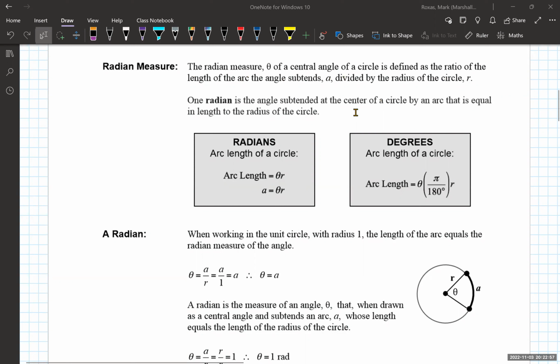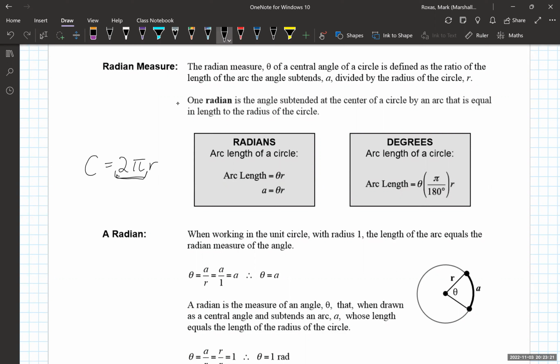Let's compare radians. We were talking about the arc length of a circle. It's related to the circumference of the circle. If you have C equals 2 pi r, which is the circumference of a circle, this part here, 2 pi, is like a radian measure.